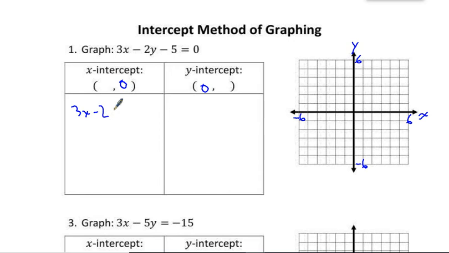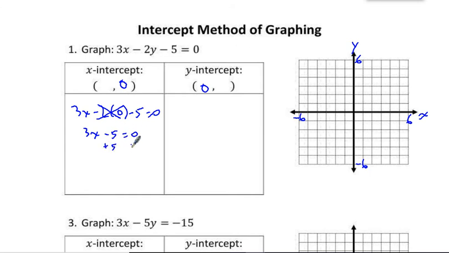3x minus 2 times 0 minus 5 equals 0. Looking for the x-intercept, negative 2 times 0 is 0, and so we have 3x minus 5 equals 0.